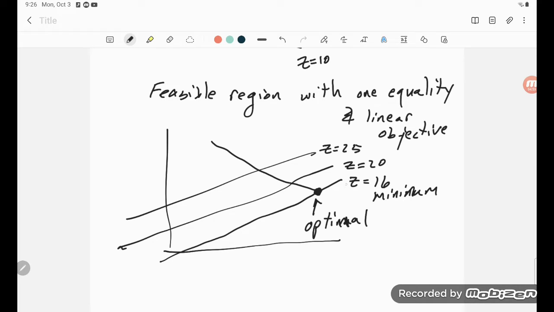We had our objective function that in this case we were trying to make very small. Could have been trying to maximize it, but we were trying to minimize it. And we get right down here to the edge, and that would be the best we could do because it's got the smallest value of z that still touches our feasible region. Okay, so that's what we've done.